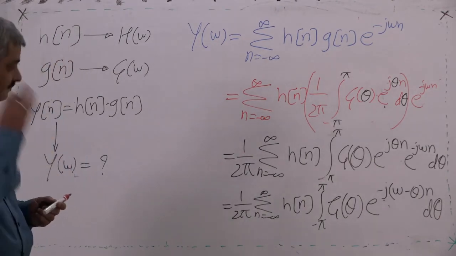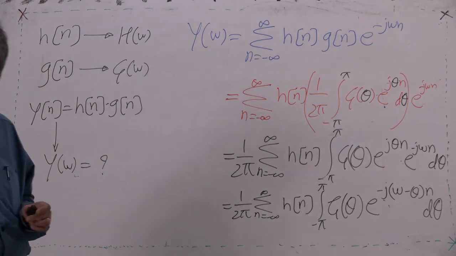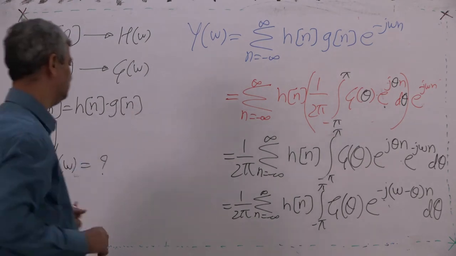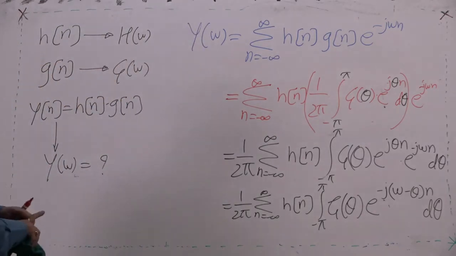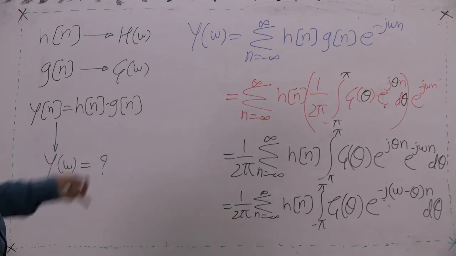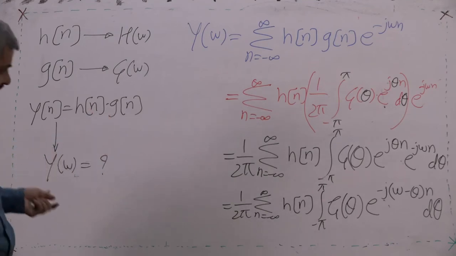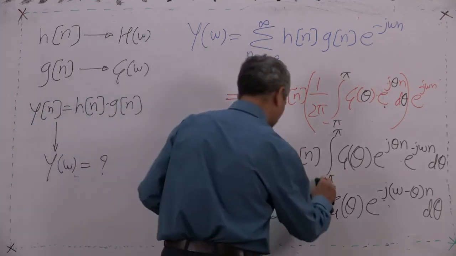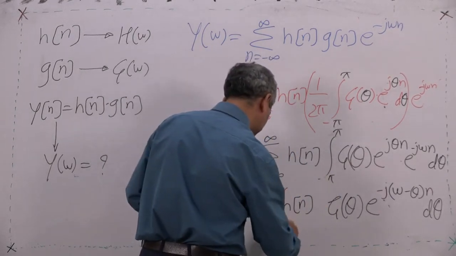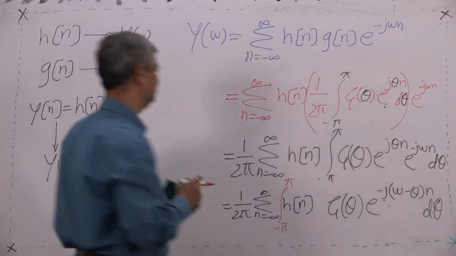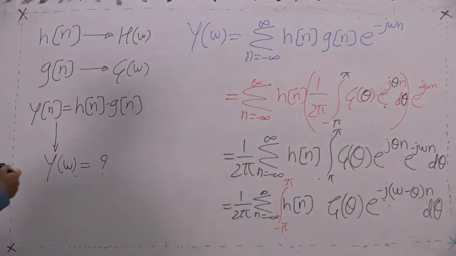Now we can interchange the order of summation and integration. Now this we can also take inside, so no problem. So this we can take here, minus pi to pi. If we interchange the order of summation and integration, what we will get?